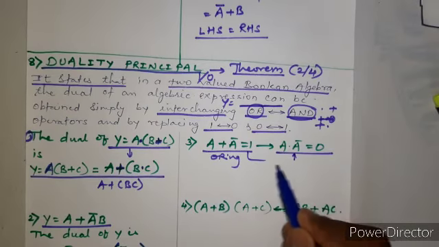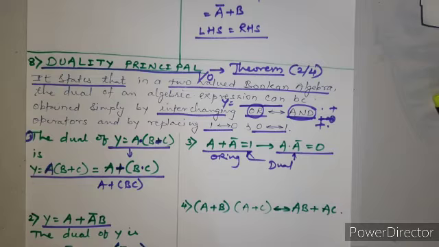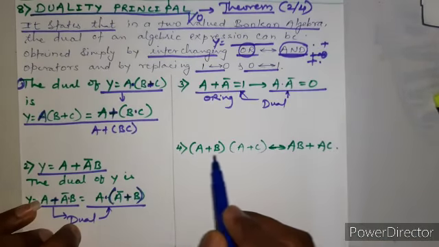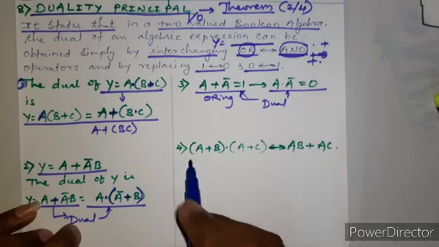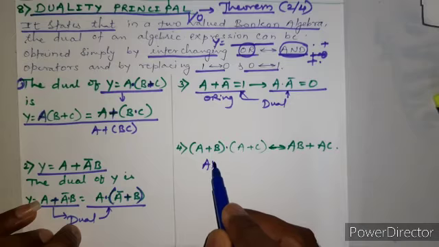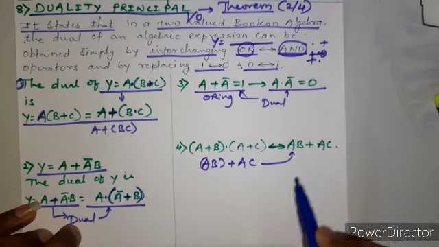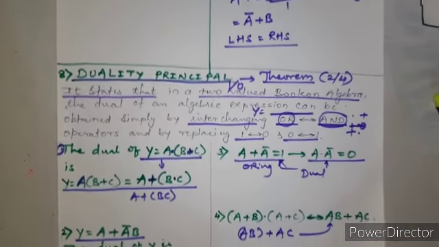So this equation is the dual of this equation. Another example, A plus B in one bracket dot A plus C. Now this should be AB plus AC. So that is what we have, right? So this is what the duality principle is.